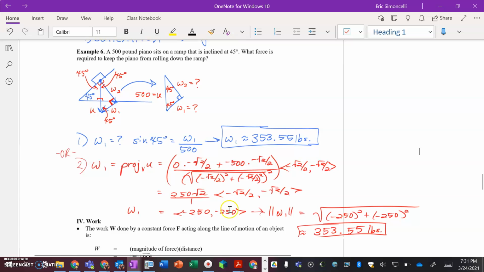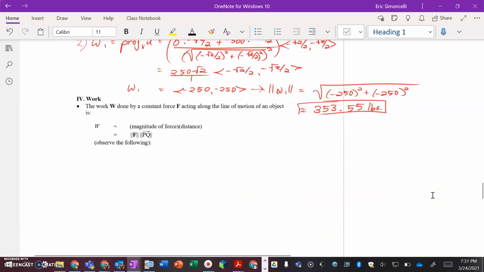This process does take a little bit longer, unless you're asked to use vector forces like v in the future, which you may be. In the end, the component form ends up being this, and when you take the square root of w sub 1's x and y components squared, it ends up being 353.55 pounds.